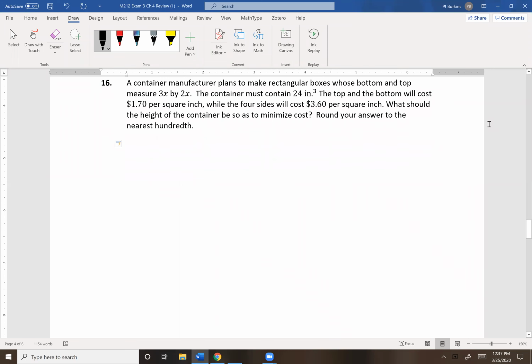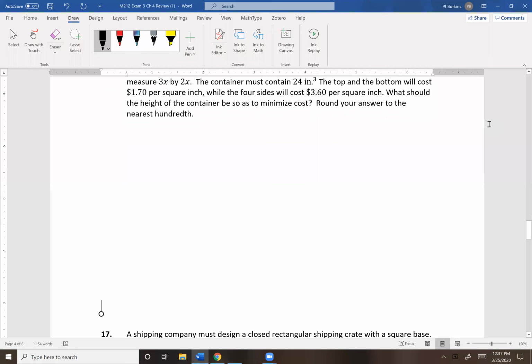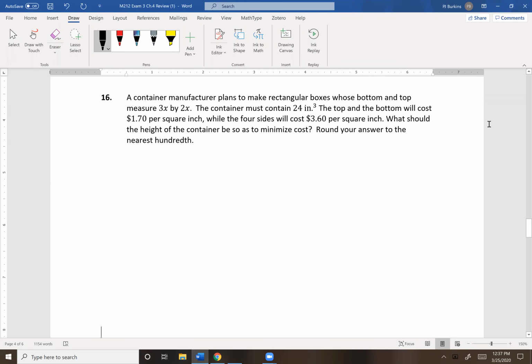All right, so it says rectangular boxes. So let me use my art skills here. Oop. Uh-oh, my pen's not working. Yep, pen died. Let me try to save this and close it real quick.